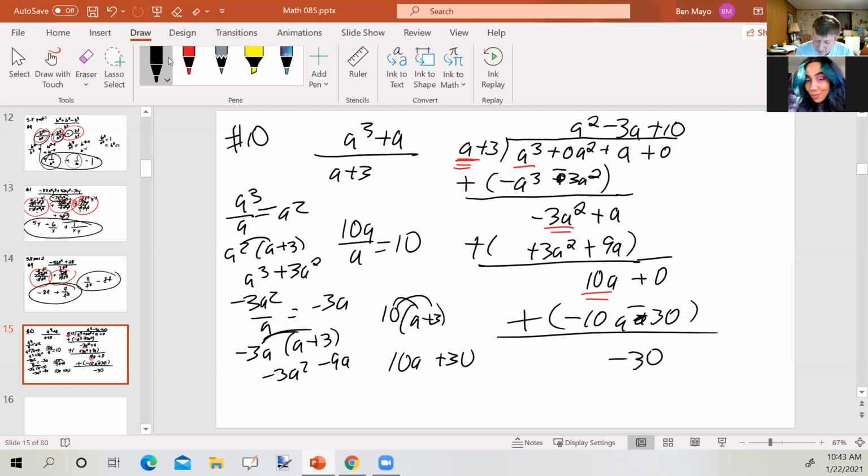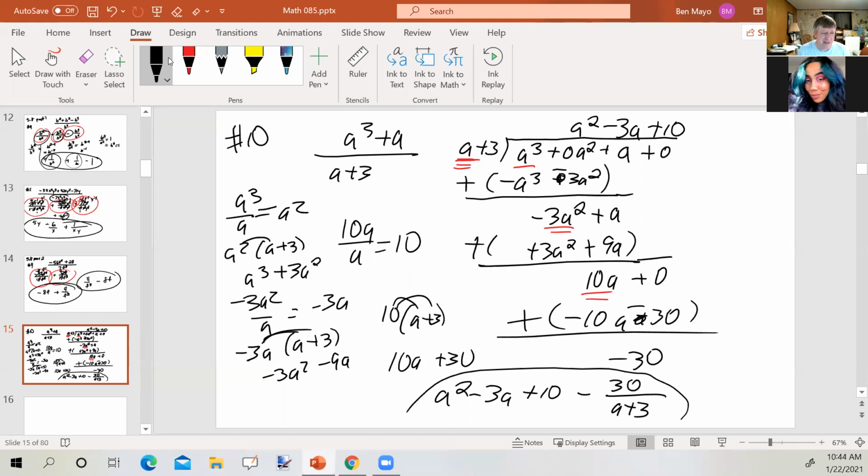So my quotient is a squared minus 3a plus 10. My remainder is negative 30. But the way I'm going to write that whole answer is a squared minus 3a plus 10, and then minus 30 over a plus 3. Earlier on, when I introduced this idea, I said that the author of the textbook always wrote plus the remainder, so they put a plus sign and then the negative sign above the 30.